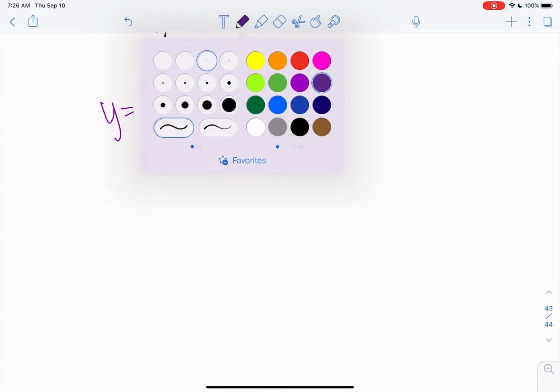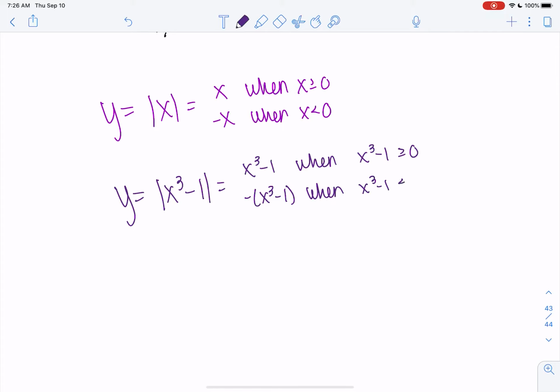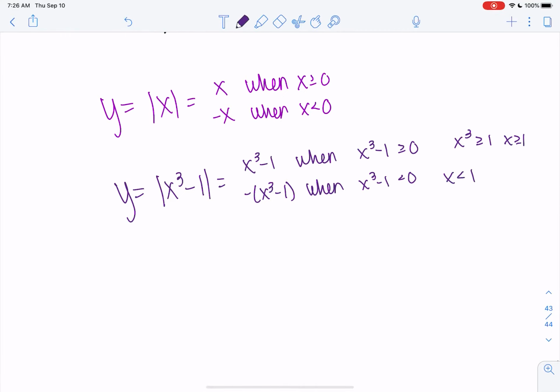So in this case, we get y equals x cubed minus 1 when that whole thing is greater than or equal to 0, or we get the negative version when it's less than 0. And that would just be x cubed greater than or equal to 1, so x bigger than 1, or x less than 1.